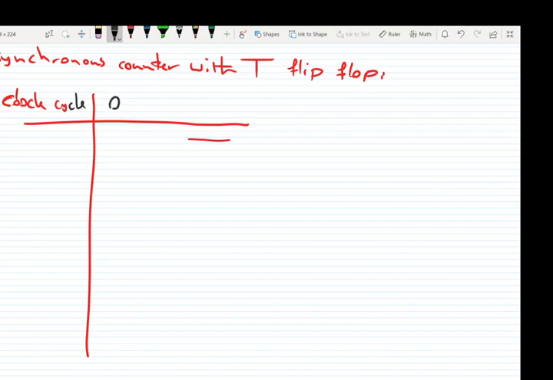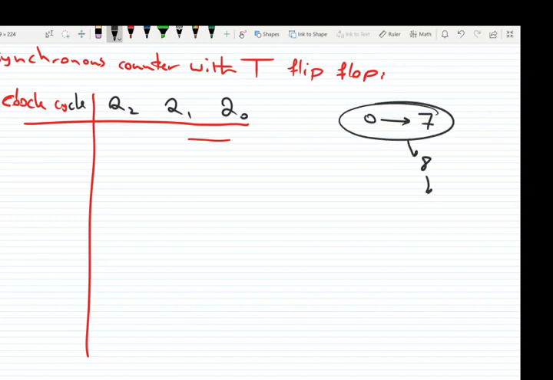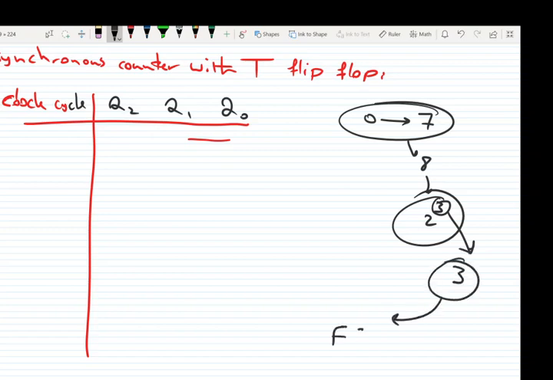We will have Q2, Q1, Q0. How many numbers? It's 8 numbers, which is 2 to the power of 3. So how many bits do we need to show 8 different combinations? We need 3 bits. So we need 3 flip-flops.